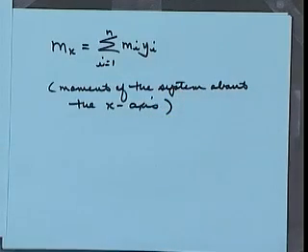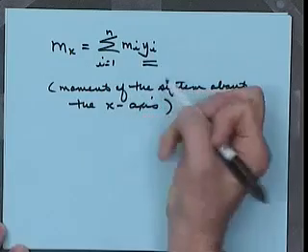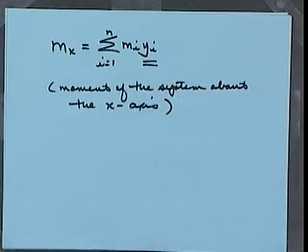Again, in the words of the author, it is the tendency of the system to rotate about the x-axis. So we want those distances from the x-axis. What are distances from the x-axis? They are y values.